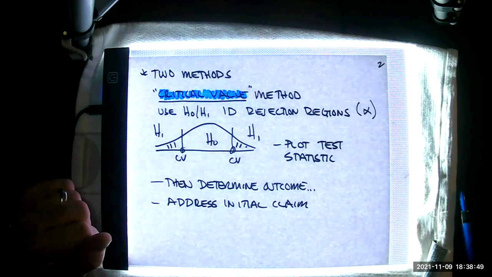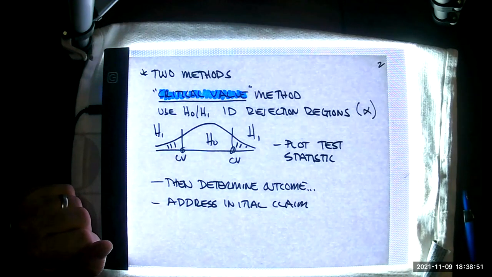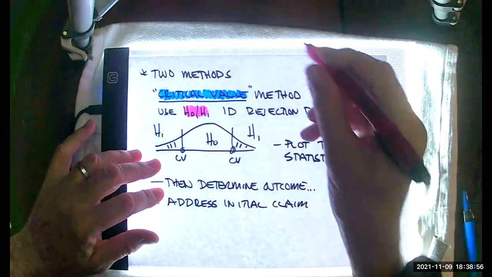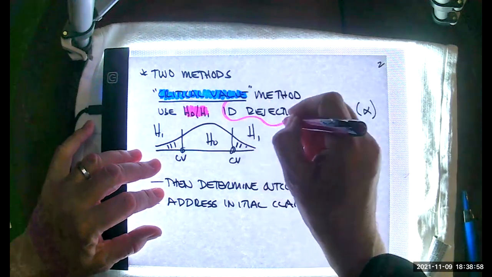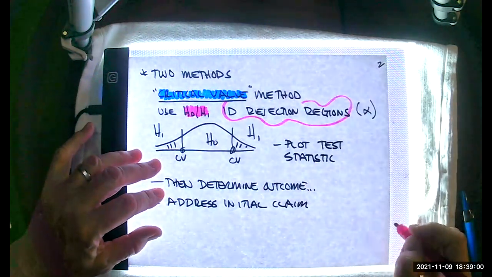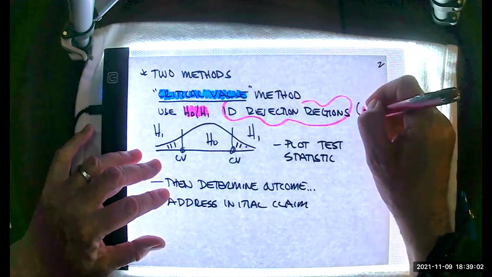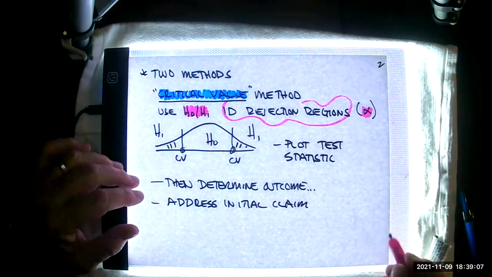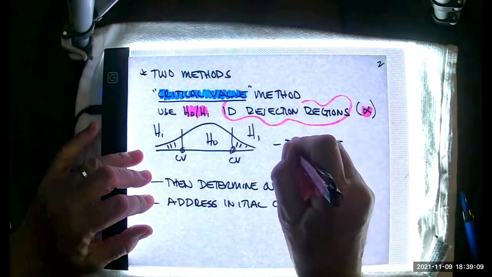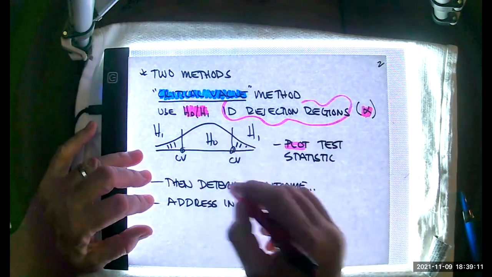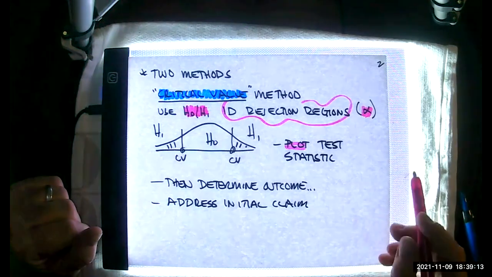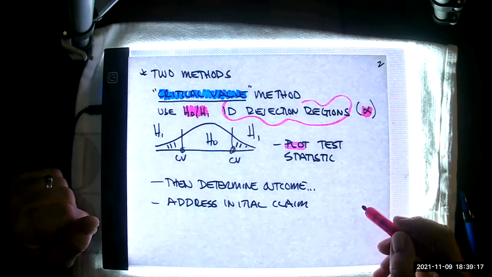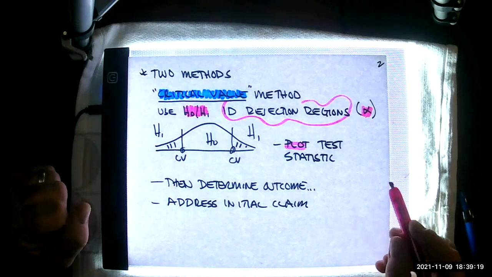With the critical values method, what we do is we use the null and the alternative hypothesis to identify these rejection regions. This is set by that level of significance, alpha. Then what I do is I plot my test statistic relative to those rejection regions.